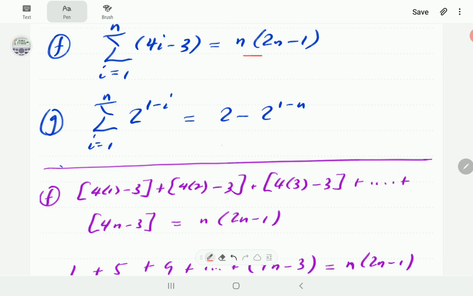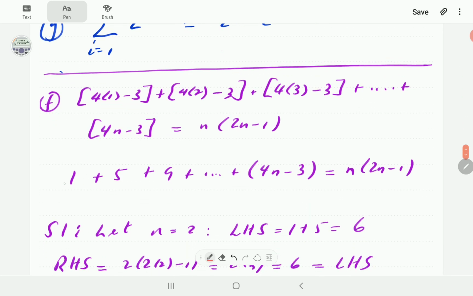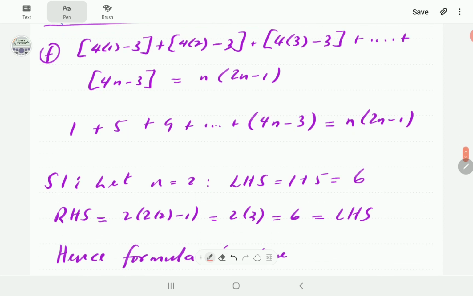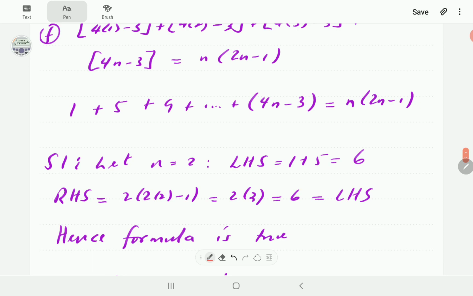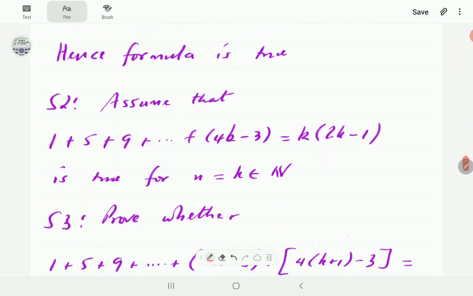The right hand side is just this one here. Let's simplify this. This gives us 1, 5, 9, and that's the term number n. So for step 1, if we let n equal 2, these two terms on the left hand side give us 6, and plugging into the right hand side also gives us 6, so the formula is true for n equals 2.